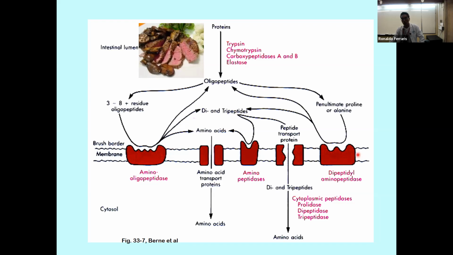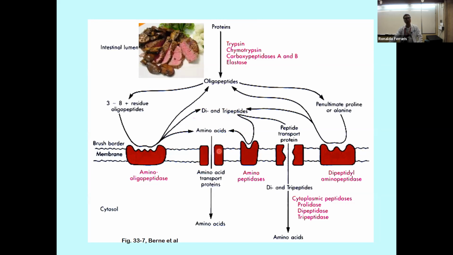And then you also have brush border peptidases that digest away di and tripeptides into free amino acids. It's just like your carbohydrates, found in the apical membrane. And now you have amino acid transport proteins.